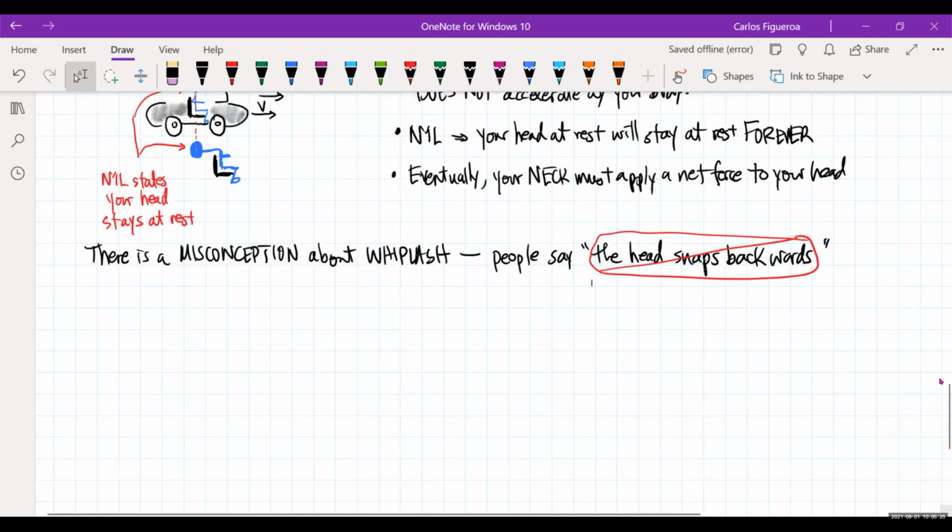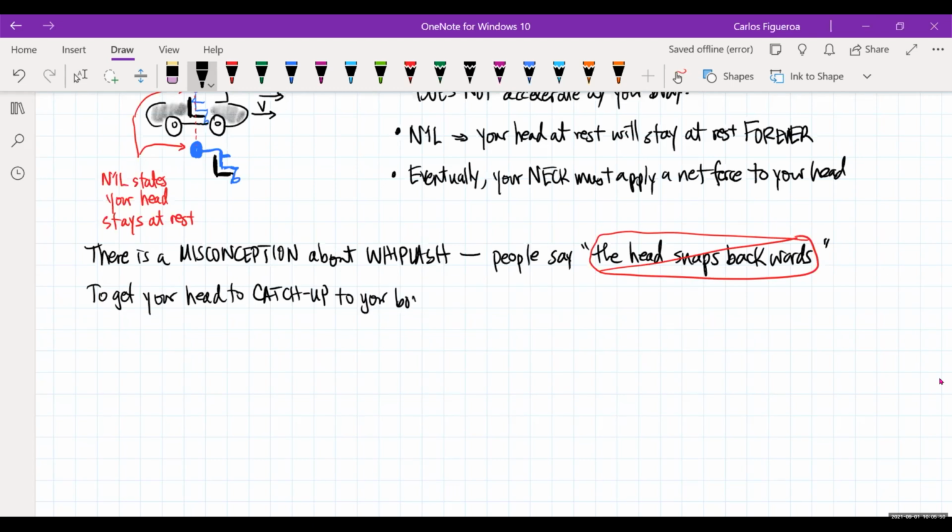So what you're seeing here is that to get your head to what? Catch up. Your head is behind the body now. So to get your head to catch up to your body, your neck applies a force to your head.